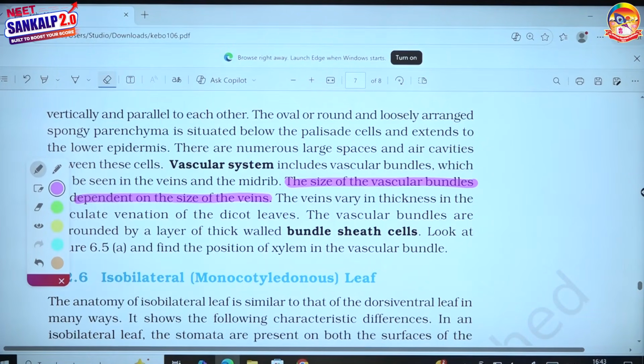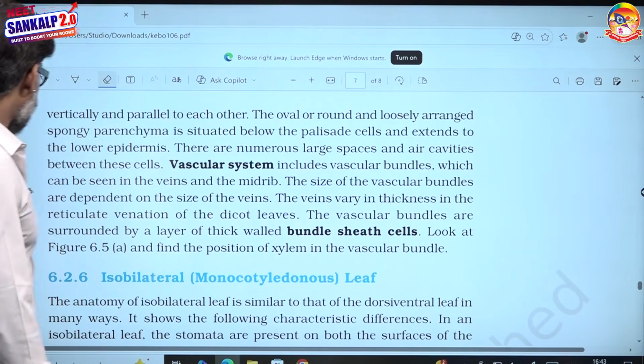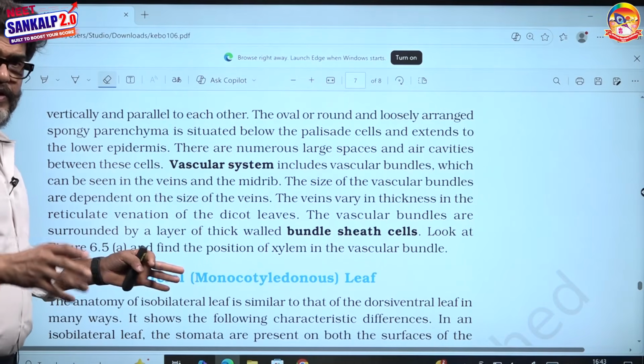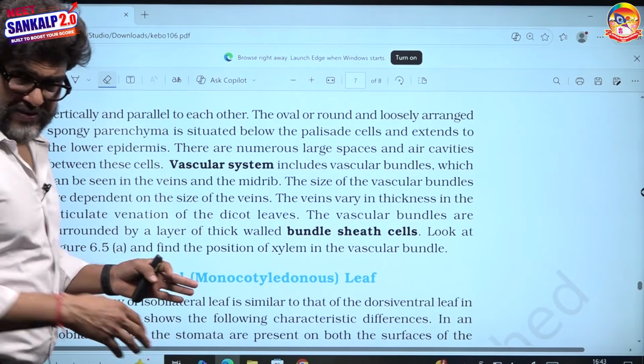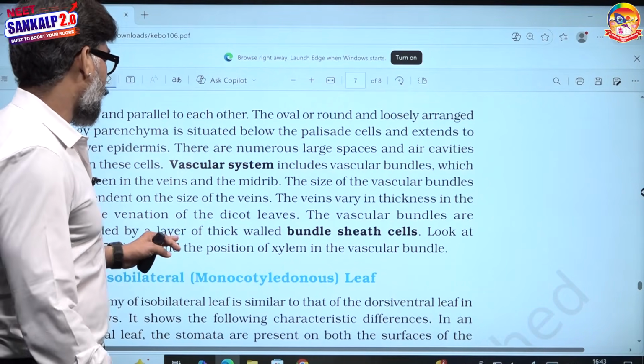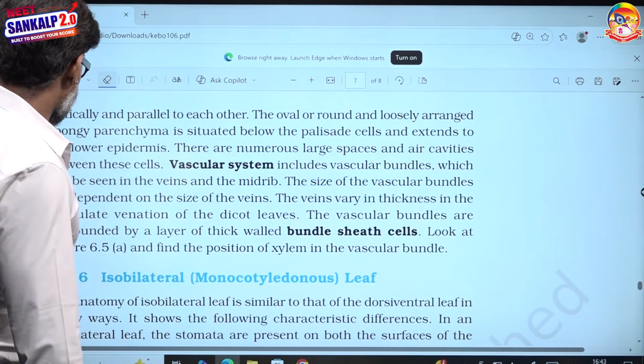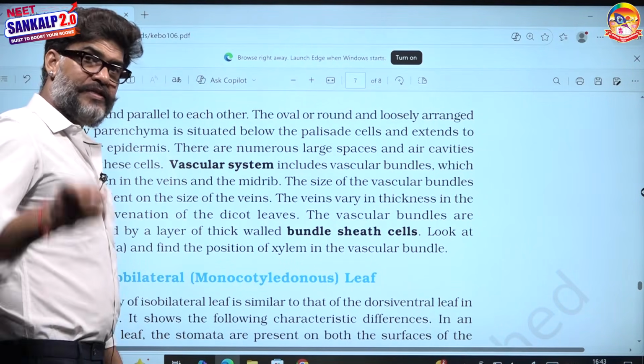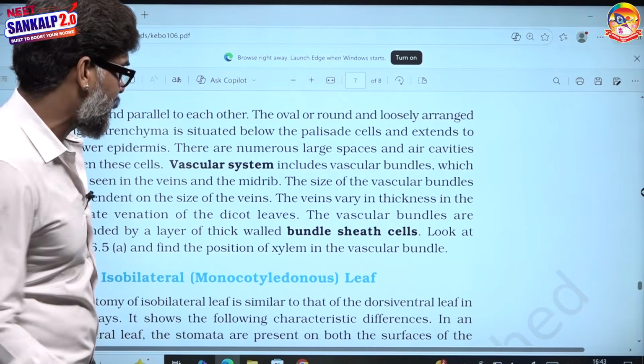The veins vary in thickness in the reticulate venation of the dicot leaves. Means in dicot leaves, these veins and veinlets form a network, and that is called reticulate venation. The vascular bundles are surrounded by a layer of thick walled bundle sheath cells. Bundle sheath here also is a characteristic.